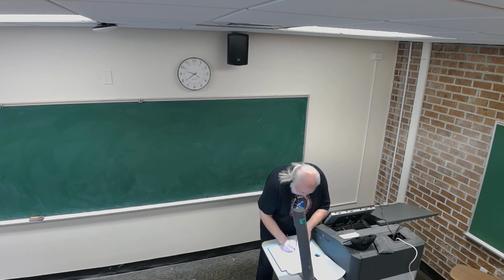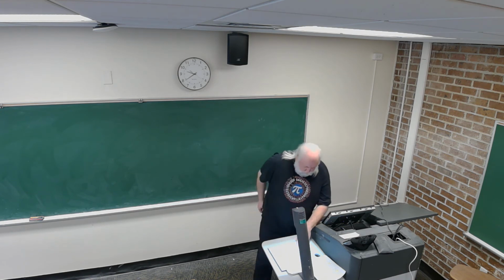So let's do this. If I FOIL the denominator, it becomes x squared minus x minus 6. And now you can see that the degree of the numerator is 2, and the degree of the denominator is 2.